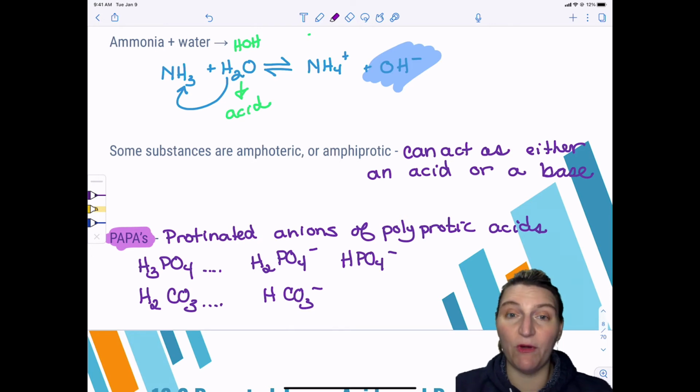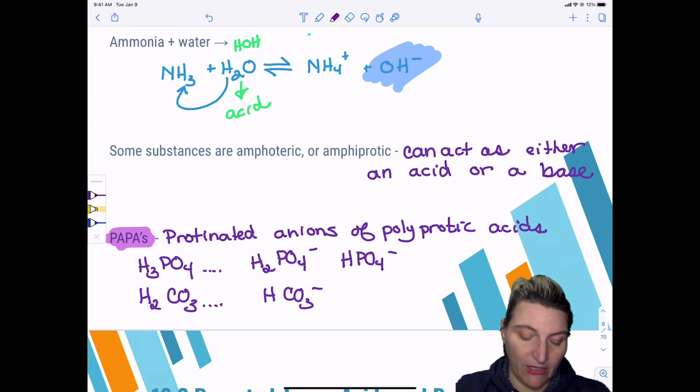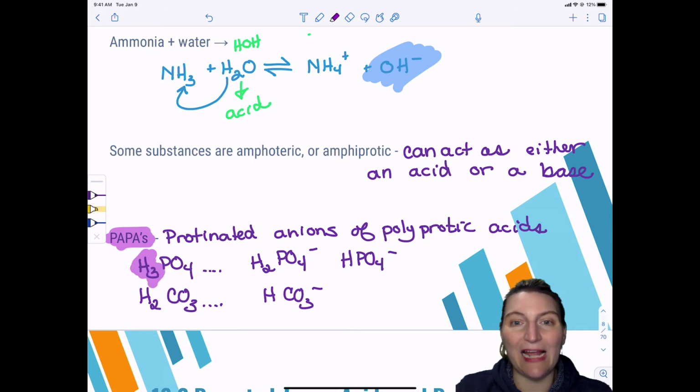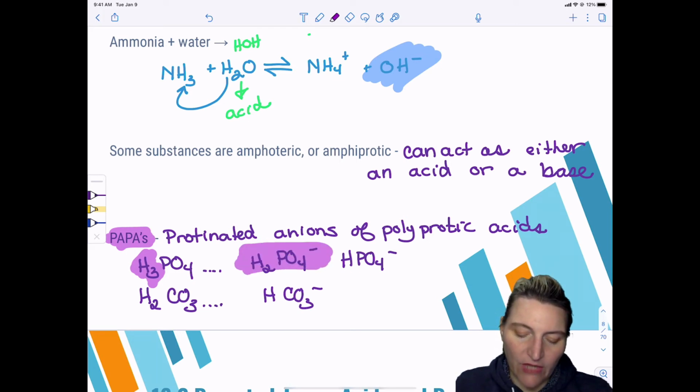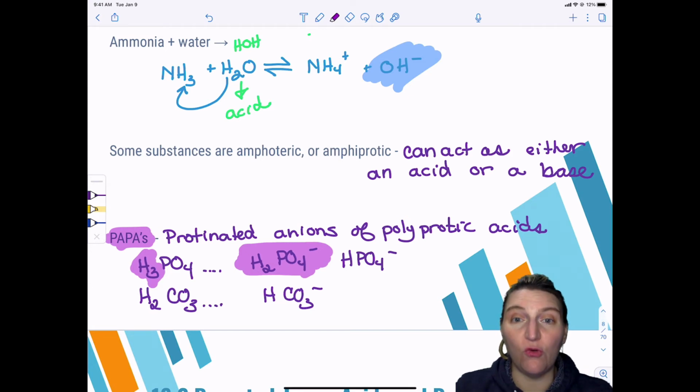So a polyprotic acid, just as a reminder, is an acid with more than one ionizable hydrogen. So H3PO4 is phosphoric acid, and it can lose 3 hydrogen ions. After it loses its first hydrogen ion, we have H2PO4 minus. Think of the words: protonated, it has a hydrogen; anion, it has a negative charge; of a polyprotic acid.